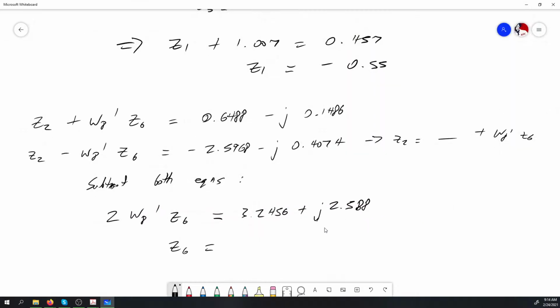My imaginary value here is incorrect, because I did my calculations wrong.